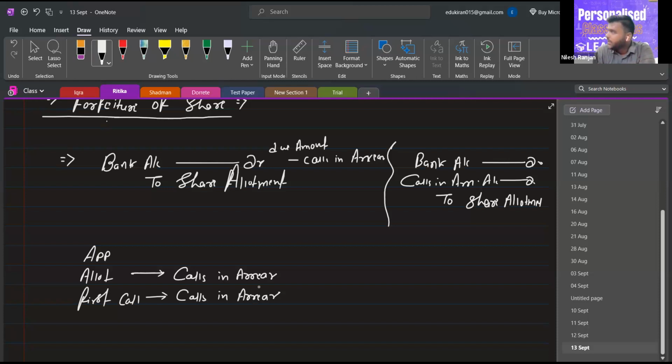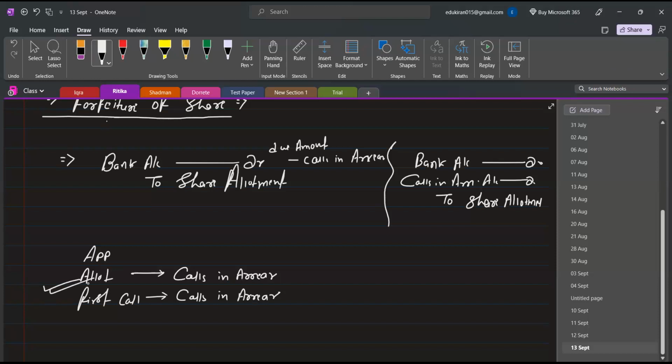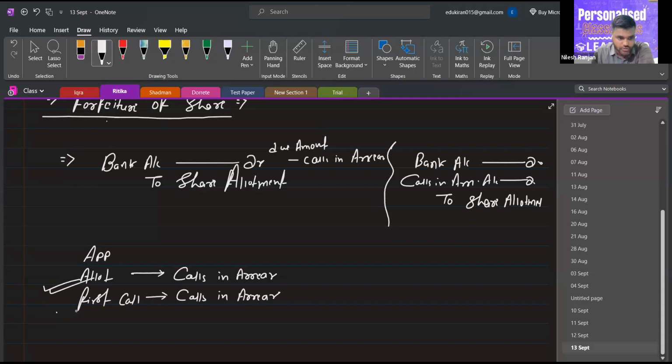So application is clear, there are two call scenarios: allotment and first call. Now, there is one situation where a company will forfeit the share because we have not received money. The company will forfeit the share immediately after allotment, and will not ask money on the first call from those shares. Sometimes the company forfeits the share after asking the first call also.